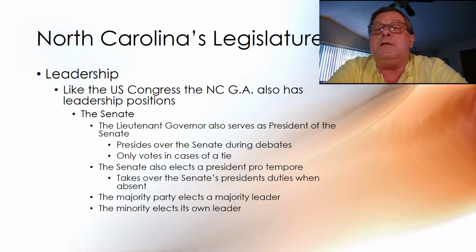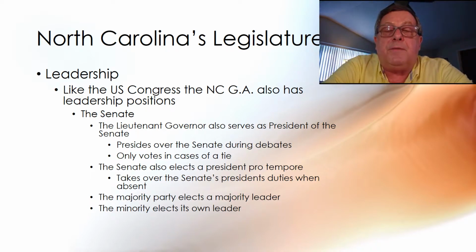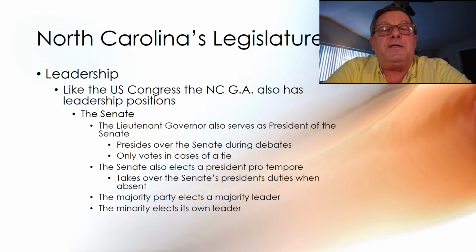And this is just like what we see with the Vice President of the United States in his role as President of the Senate in Congress. The Senate also elects another position, which is called the President Pro Tempore. This is, again, another similarity, another comparison with the Congress of the United States. And the Senate President Pro Tem takes over the Senate President's duties or the Lieutenant Governor's duties when the Lieutenant Governor is absent. The majority party elects a majority leader, and the minority party will elect its own leader.